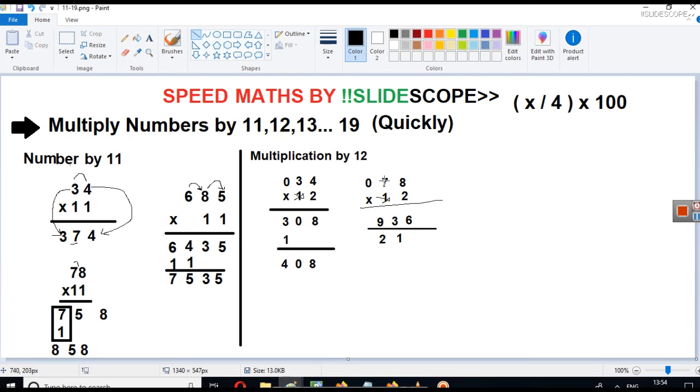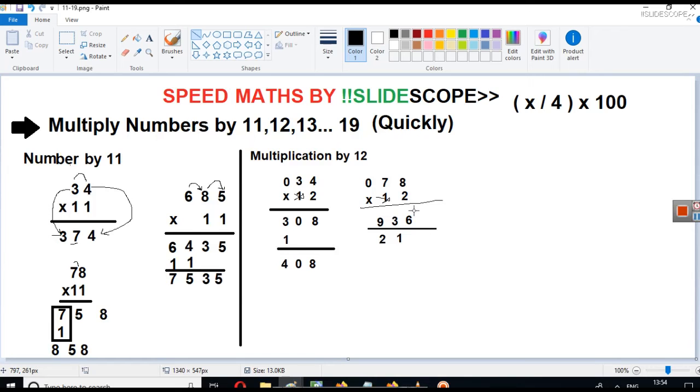Then simply write 7 here because 2 into 0 is 0, plus 7 is 7, and 7 plus 2 is 9. So after doing some practice, you will really get hold of this, and it is really easy to calculate multiplication of any number by numbers from 11 to 19.